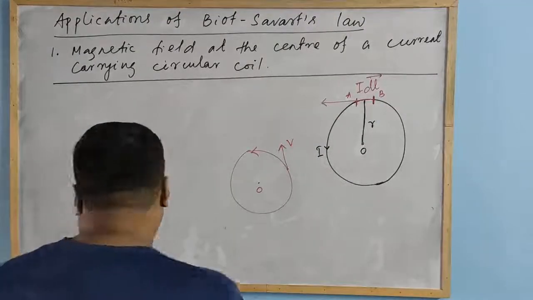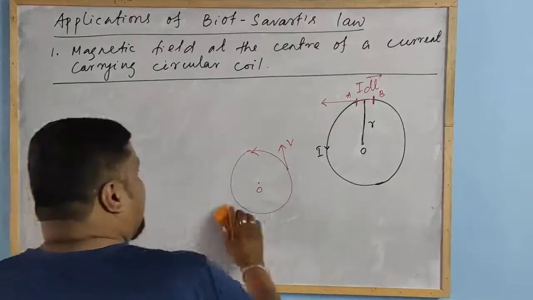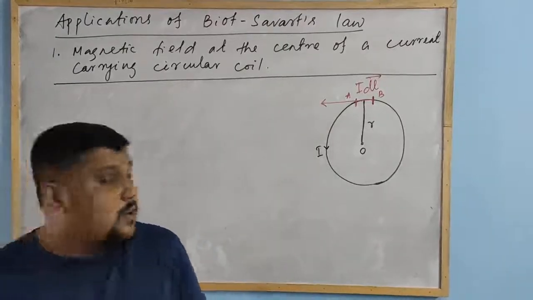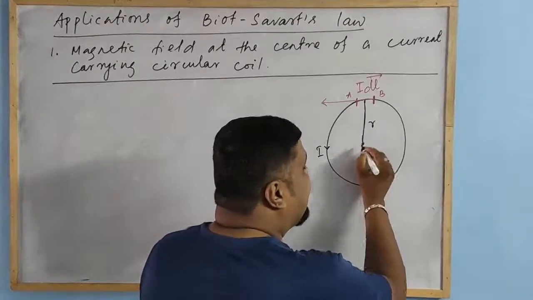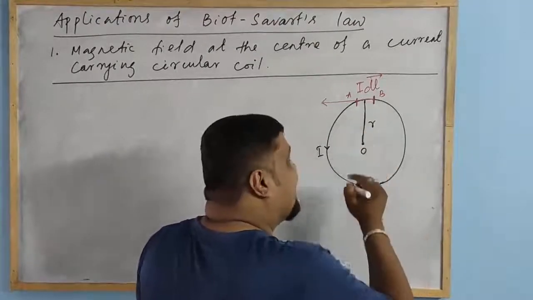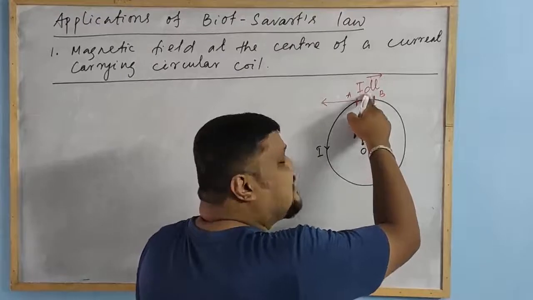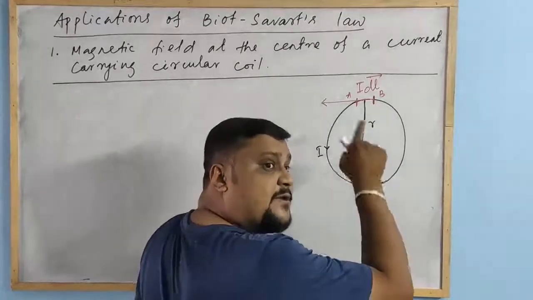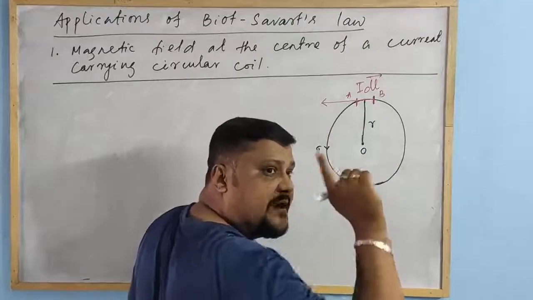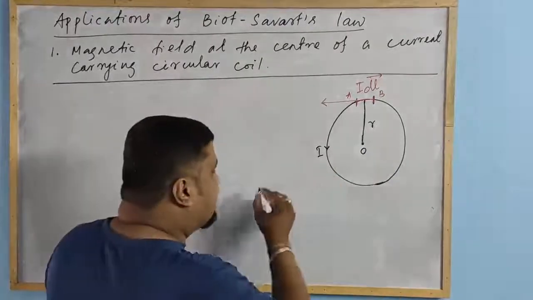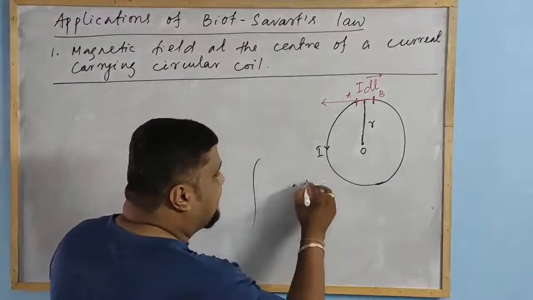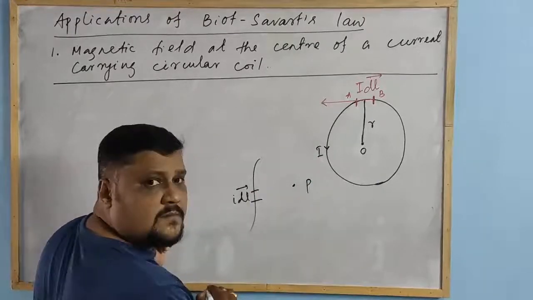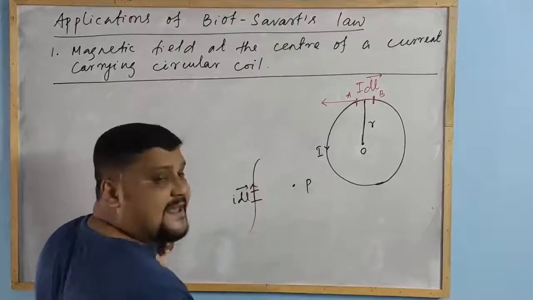Now, this is the direction of I dl, and as you know, where do we find the magnetic field? At O. So to find this magnetic field, with this element as center, what is the position vector of this point? Where you want to find the magnetic field. In Biot-Savart's law, remember that when you find the field at point P, consider a small element I dl.